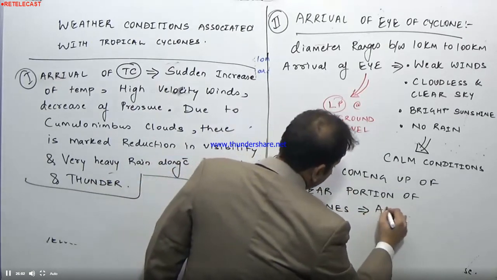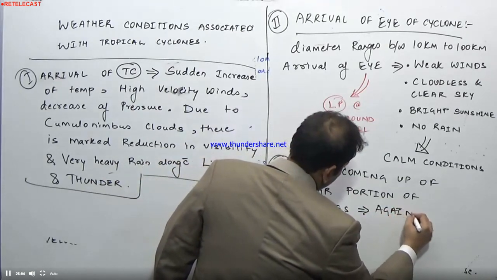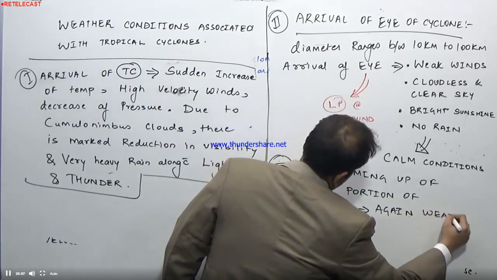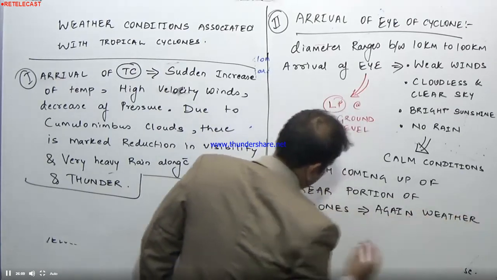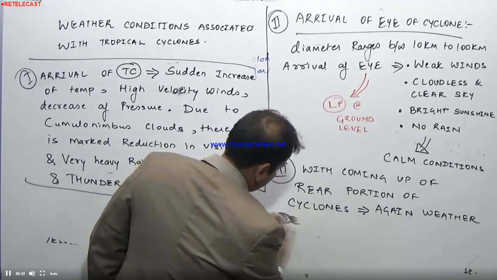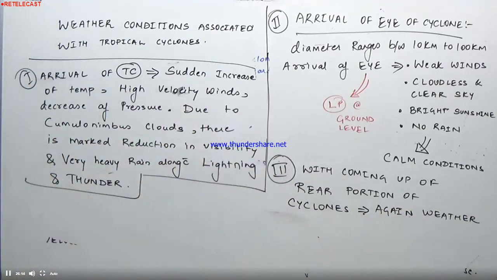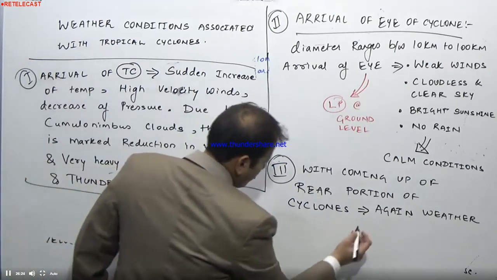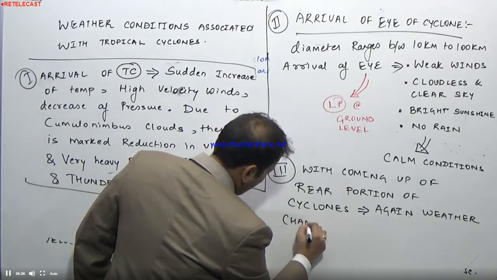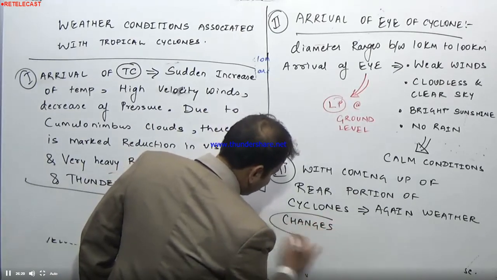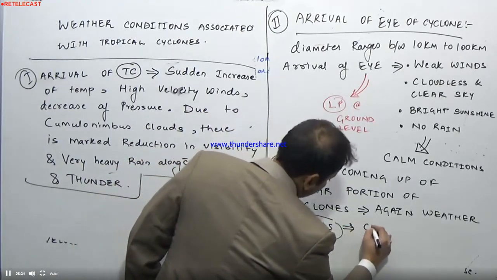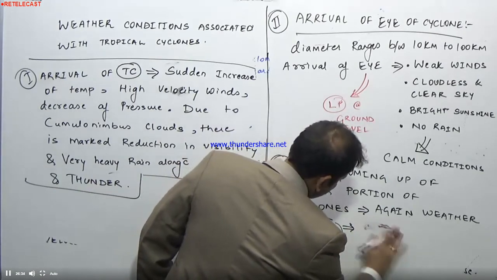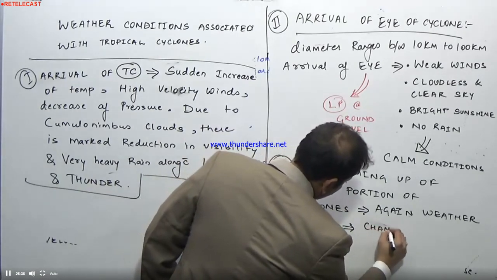Again the weather condition deteriorates, or weather becomes bad. Now how does the weather change or deteriorate? There is a change in the wind direction.